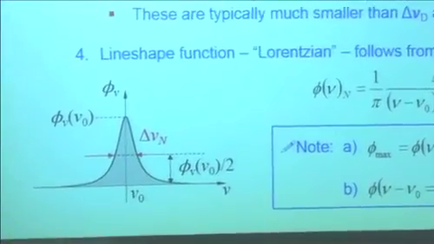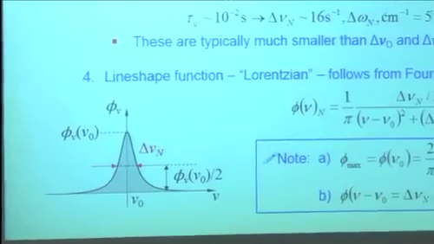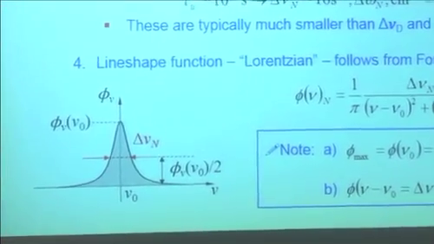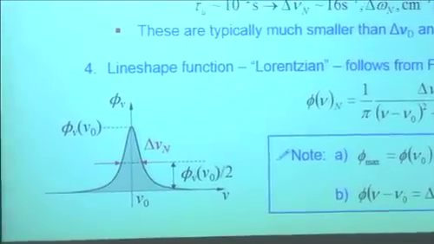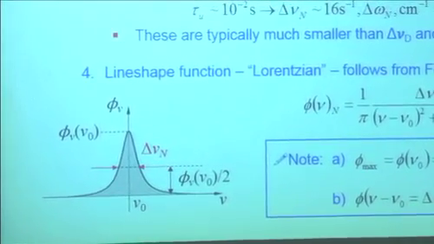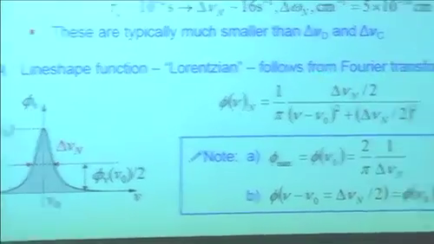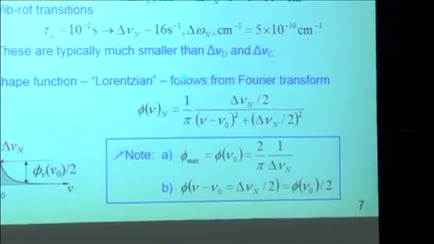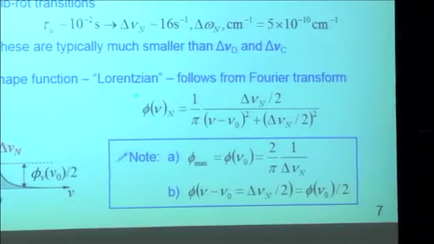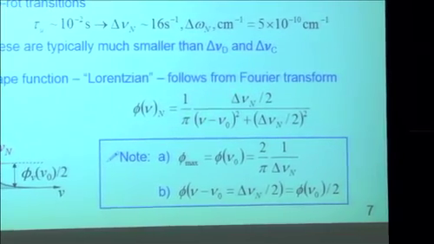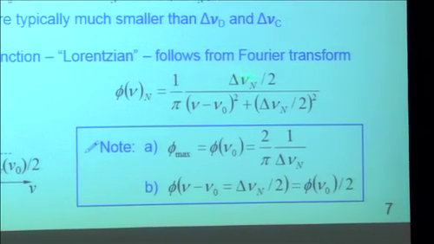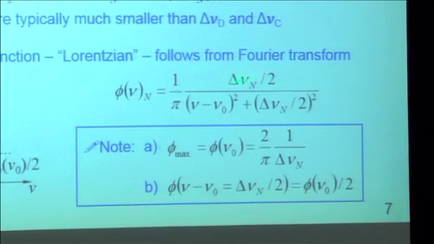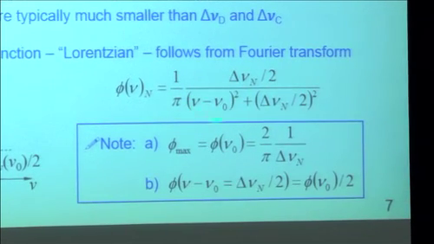So when you have lifetime broadening, limited by the length of time that it is in a state, limited by the uncertainty principle, you can show, or the book that you read can show, through a Fourier transform, that this is the shape. This is the so-called Lorentzian form: phi is 1 over pi times the full width at half maximum divided by 2, over the full width at half maximum divided by 2 squared, plus the distance from line center squared.